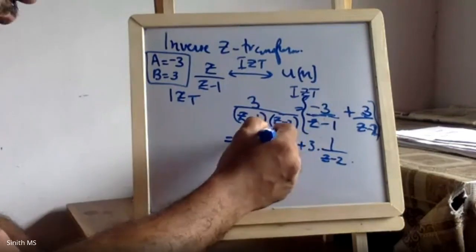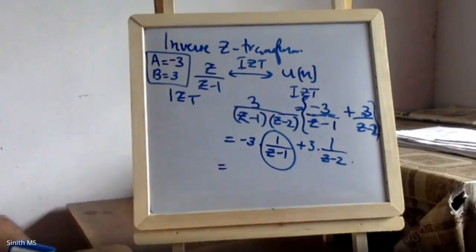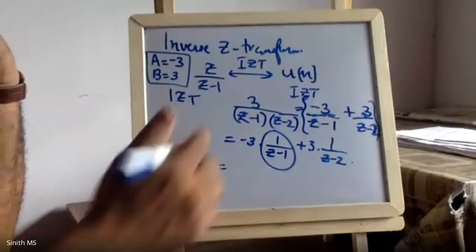Now what is the inverse transform of 1 by z minus 1? The answer is u of n minus 1.